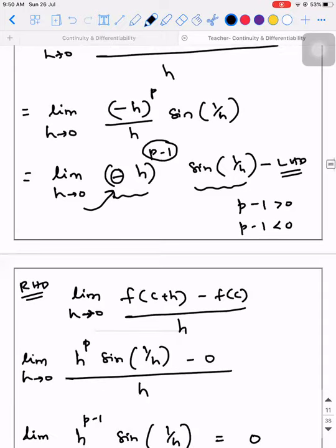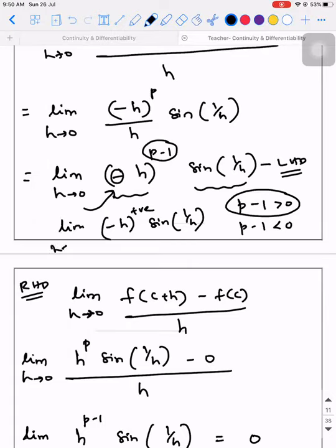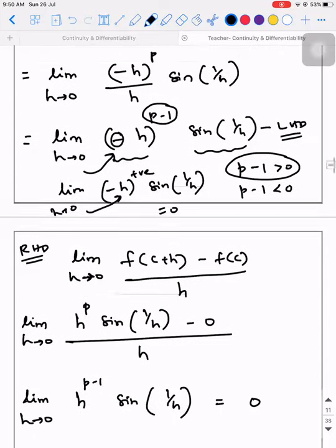So when p is greater than 1, what will happen? When the value of p is greater than 1, you will have minus h power some positive value into sine of 1 by h. Now when you substitute the limit h tends to 0, you get 0 raised to the power some positive value into some finite number. So that will be 0.